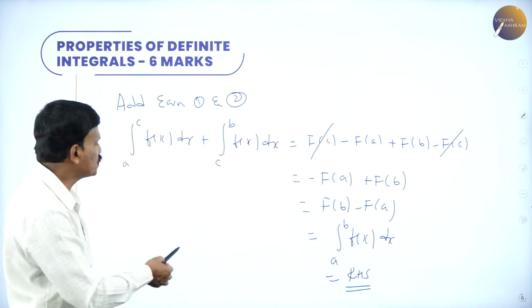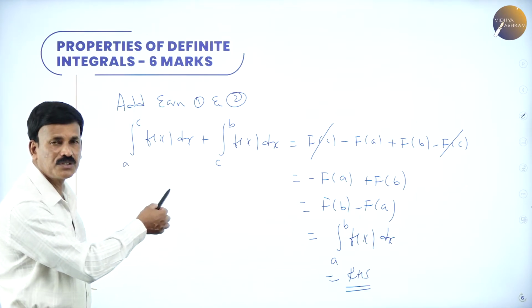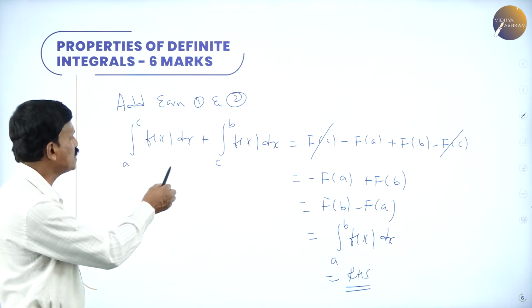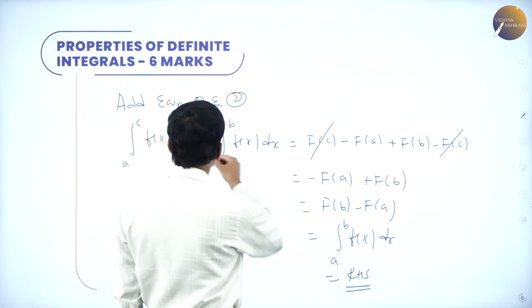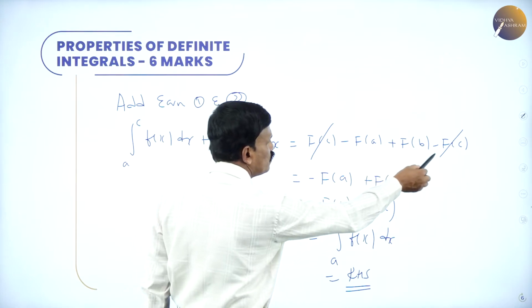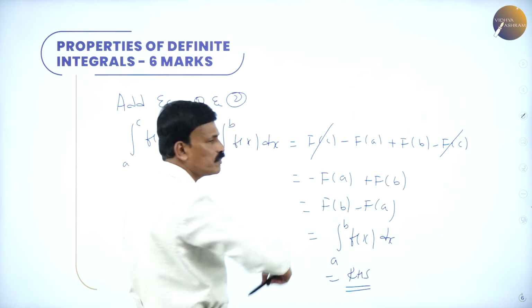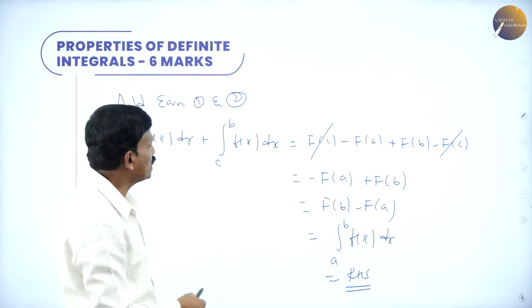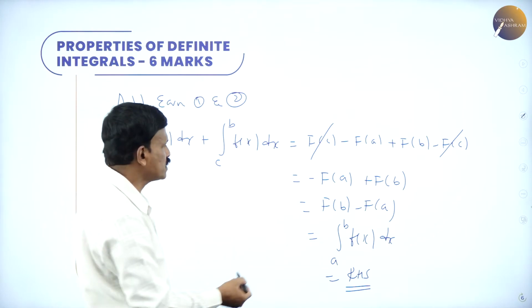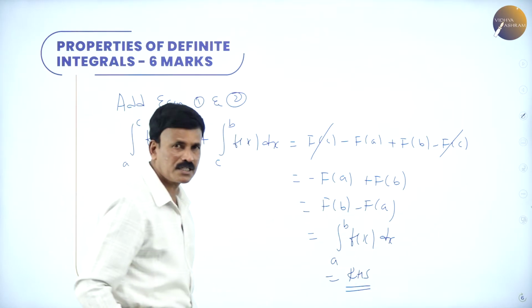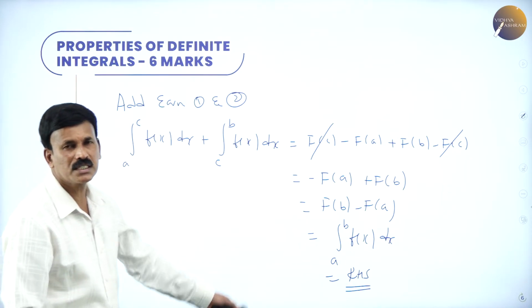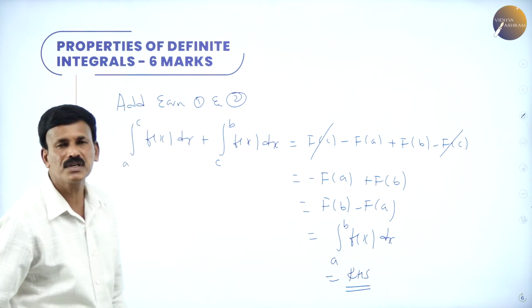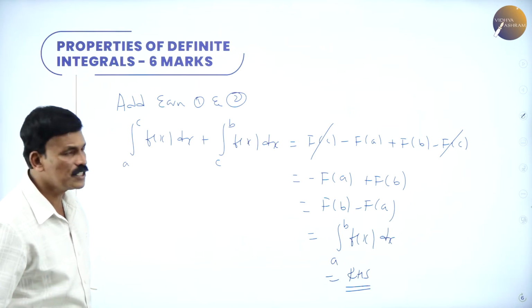From the previous page, in adding equations 1 and 2, the left hand side, integral a to c f of x dx plus integral c to b f of x dx, is equal to the right hand side, F of c minus F of a plus F of b minus F of c. Minus F of c plus F of c gets cancelled. Minus F of a plus F of b can also be written as F of b minus F of a, since F of b minus F of a is nothing but integral a to b f of x dx.